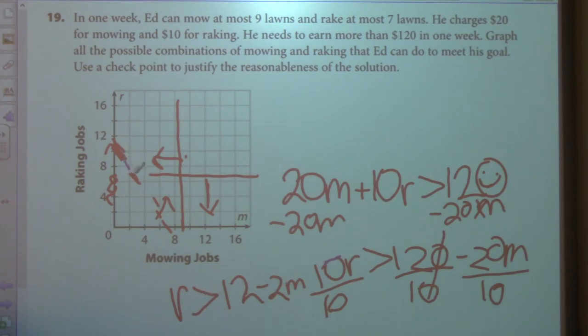So she has this here, and it has to be greater than, so it's a dashed line. What kind of shape is that? A trapezoid. It has two bases. Anyway, what's a solution in here?